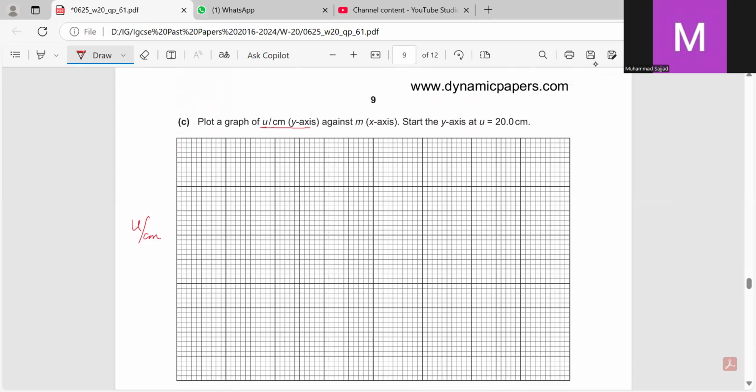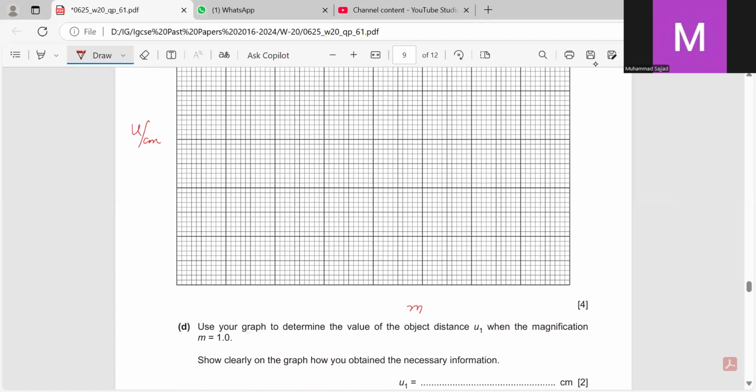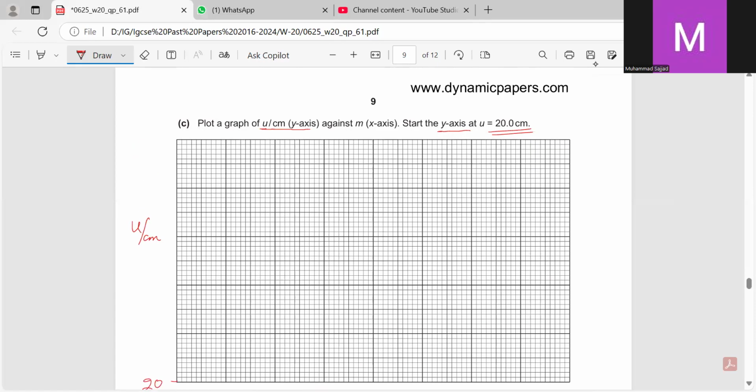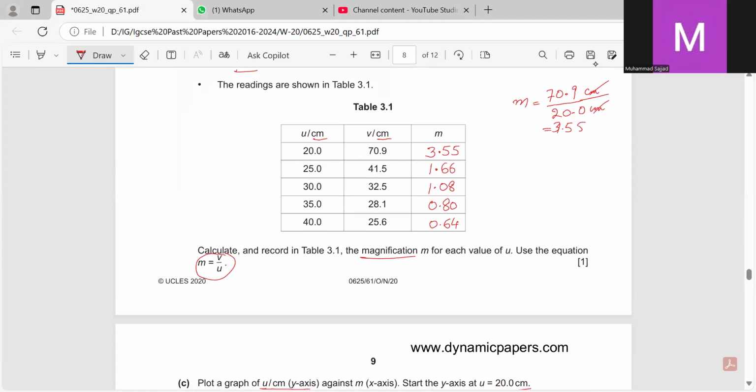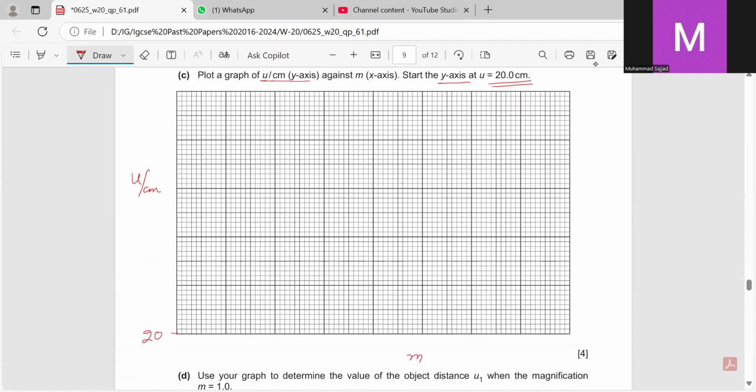It is clearly mentioned to start the y-axis at u equal to 20. So we have to go from 20 to 40.